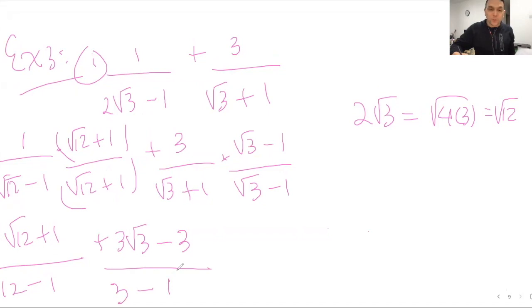All right, so we're going to get, let's see, 12 plus square root of 12 plus 1 divided by 11 plus 3 times the square root of 3 minus 3 over 3 minus 1, which is 2.